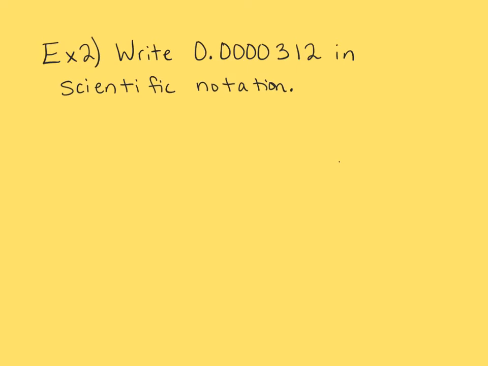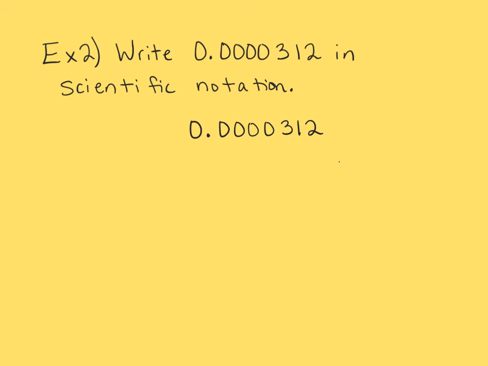Example 2, write 0.0000312 in scientific notation. So it's starting in standard form, and I'm going to rewrite it here where I have some space to count my decimal places, and I want to make it scientific notation.